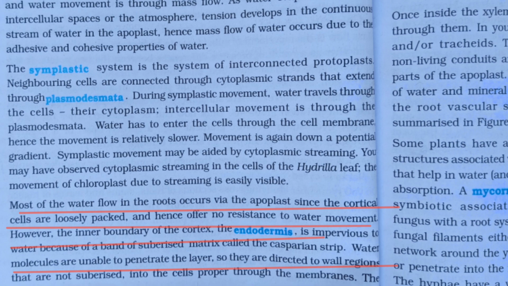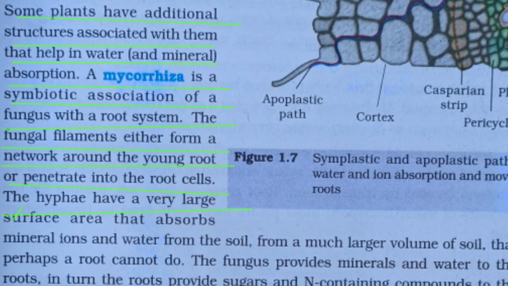Here water then moves through the symplast and again crosses a membrane to reach the cells of the xylem. The movement of water through the root layers is ultimately symplastic in the endodermis. This is the only way water and solutes can enter the vascular cylinder.